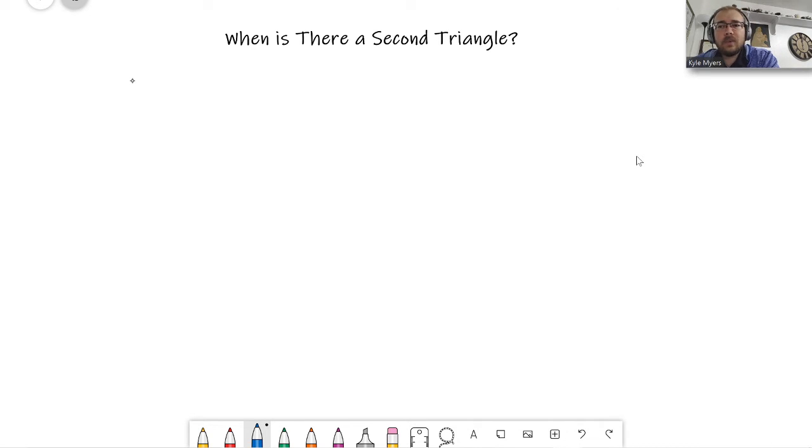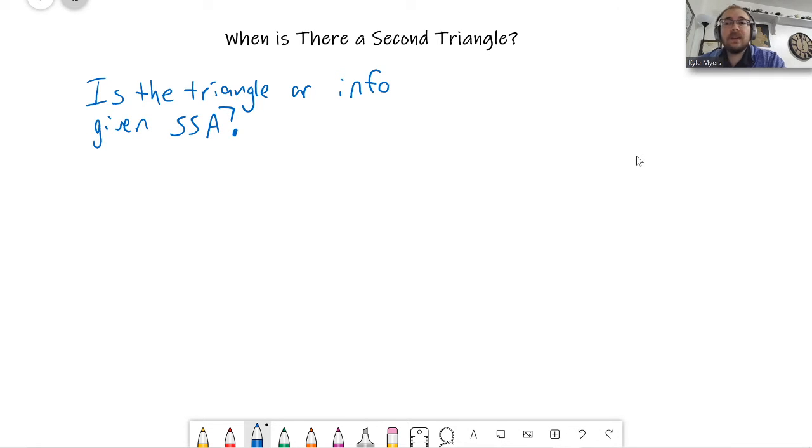The first question we want to ask is, is it a side-side angle triangle? Is the info given side-side angle? We can figure that out because if it's side-side angle, then you'll have a side angle pair, and then you'll have another given side.